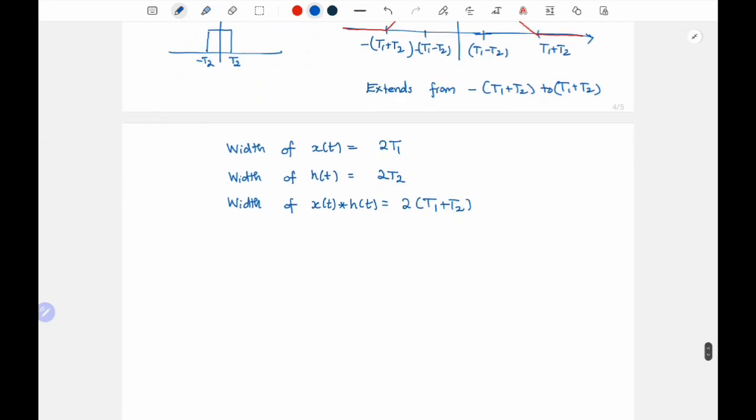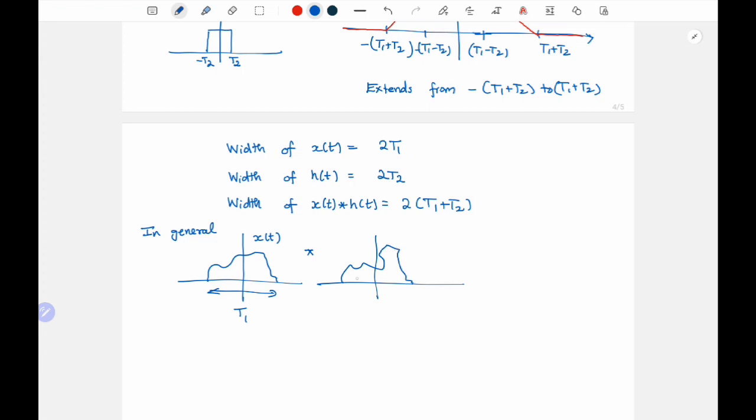So in general, x of t can be any signal. Say this is x of t, and this width is some t1, convolved with some h of t, and let's say this width is some t2.